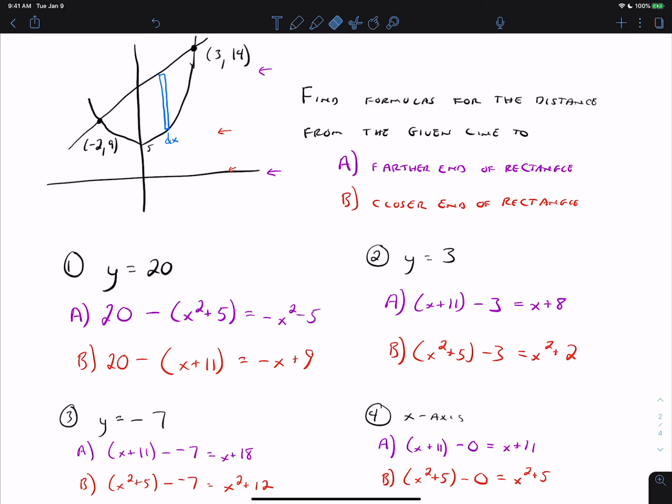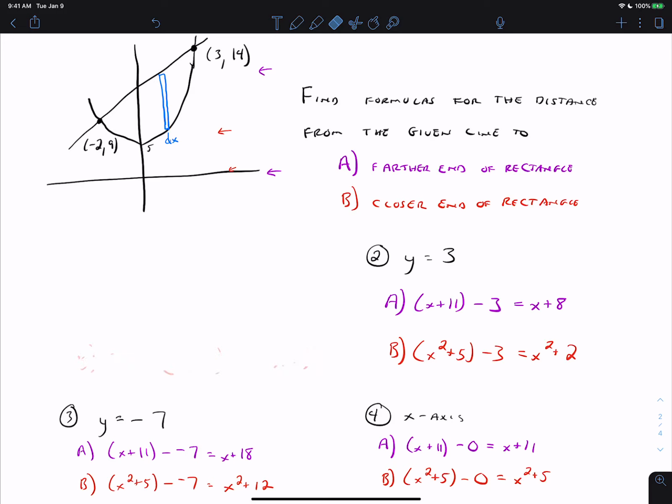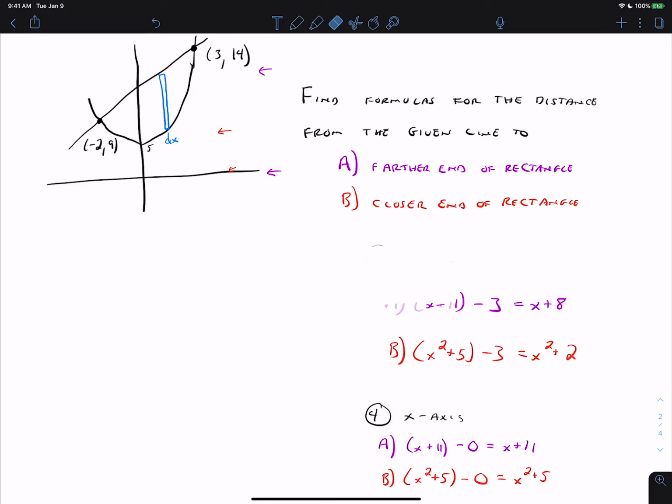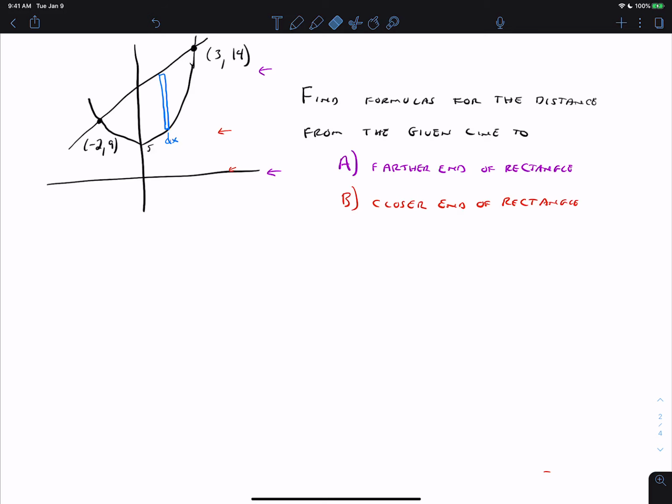Okay, I want to look at another set of problems. The first 4 were horizontal lines. Any horizontal line above the region would have worked like problem 1. Any horizontal line underneath the region would look like the second 3 problems, 2, 3, and 4. What I want to look at now is vertical lines to the left and to the right of the region.